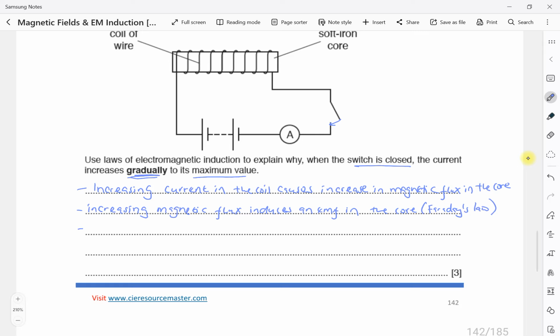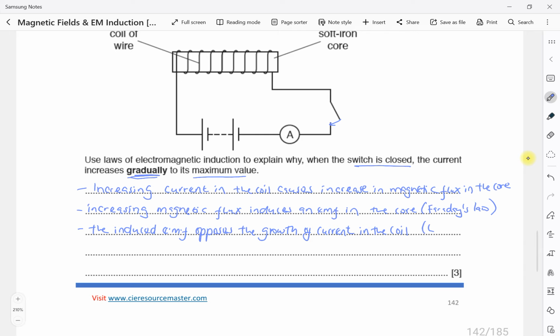The induced e.m.f opposes the growth of current in the coil. The induced e.m.f in the core opposes the growth of current in the coil.